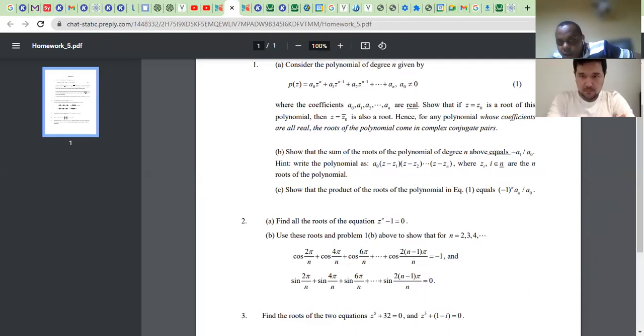They're saying use these roots and problem 1b to show that for n equals 2, 3, 4 all the way, this guy will always be -1. Problem 1b.